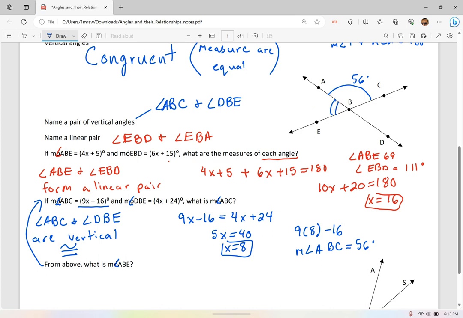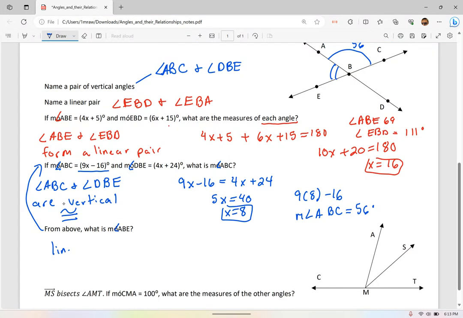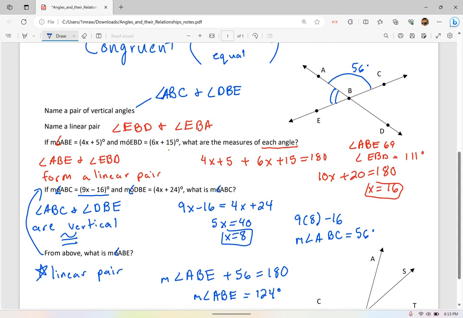We know those are a linear pair, which means they're supplementary. So the measure of angle ABE plus 56 equals 180. Subtract 56 from both sides, and the measure of angle ABE is equal to 124. Even though it doesn't look like it, we're not really paying close attention to the drawing. It's just helping us figure out linear pairs and vertical angles.